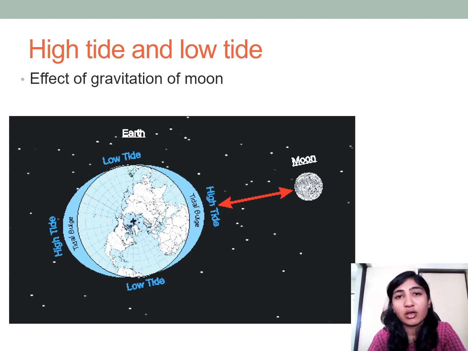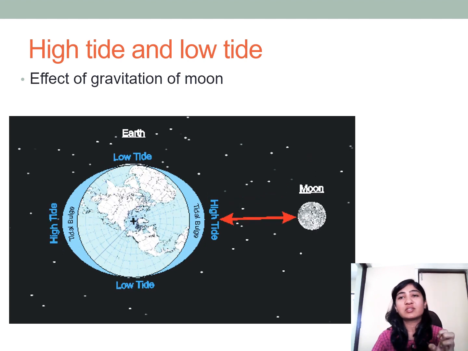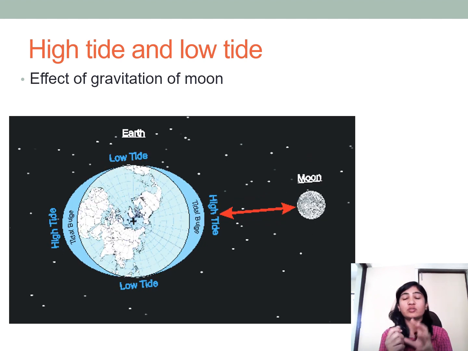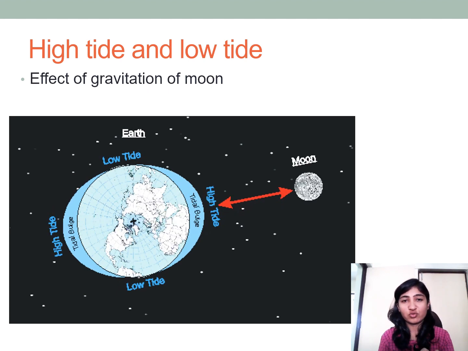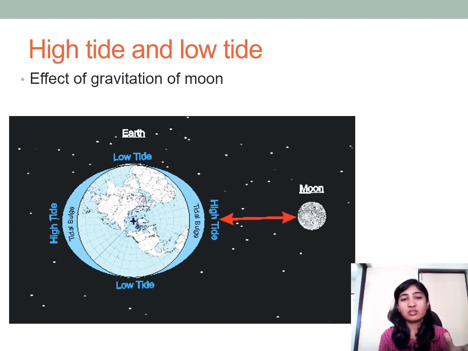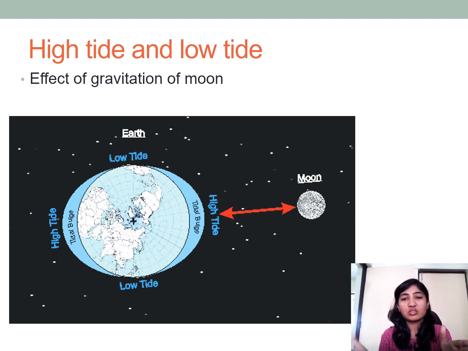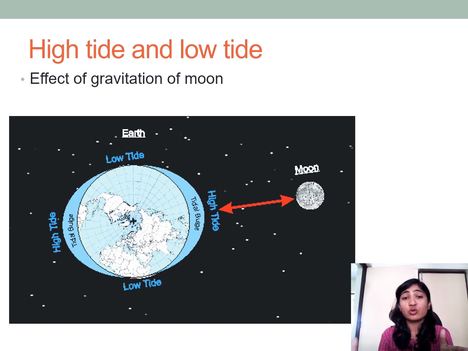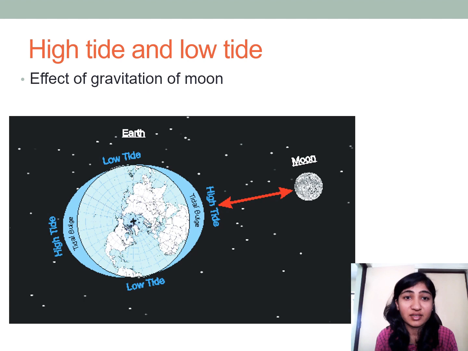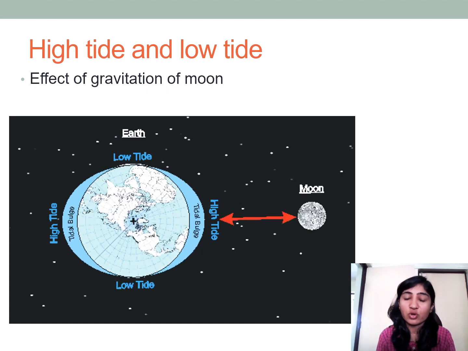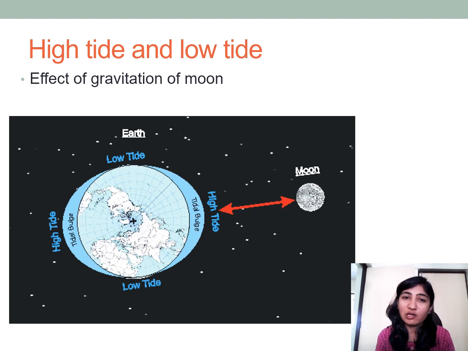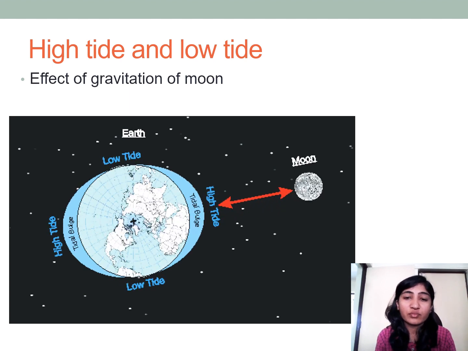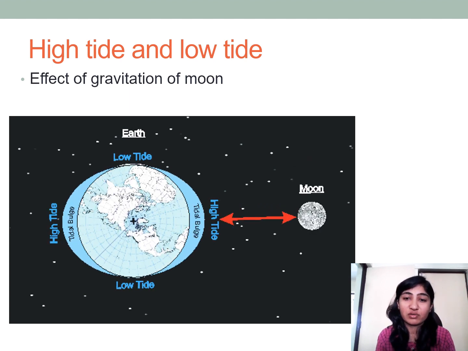As the earth is attracting the moon towards itself, it is revolving around the earth, right? Because of the gravitational force. As earth is one object in the universe, moon is another object in the universe. So moon also has its gravitational force. Moon also attracts things by gravitational force. So high tide and low tide are the effect of the moon's gravitation.